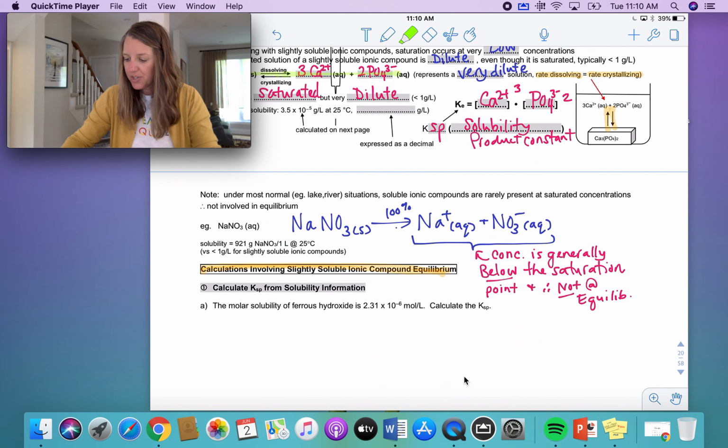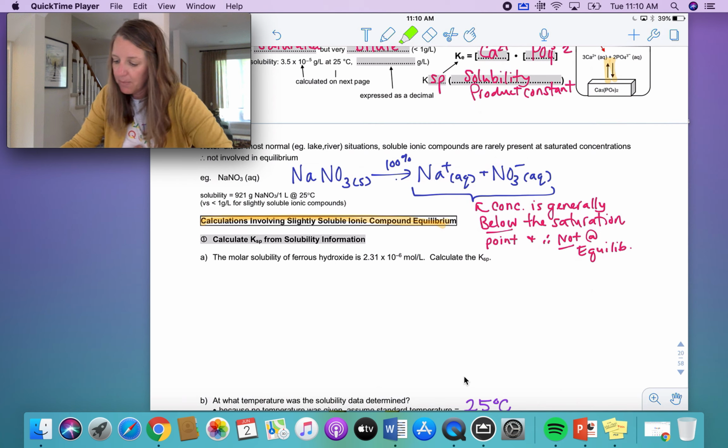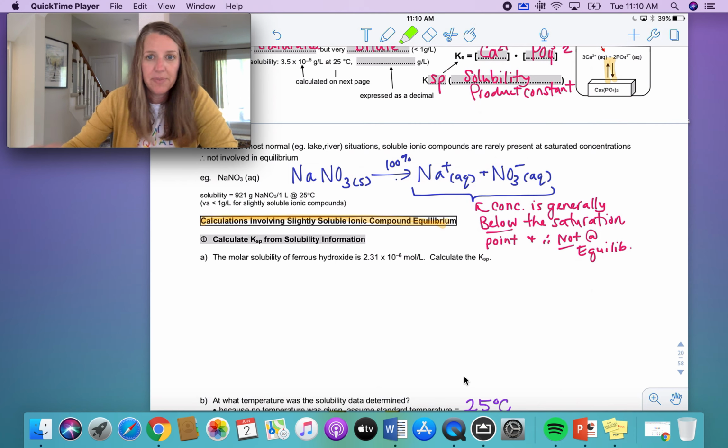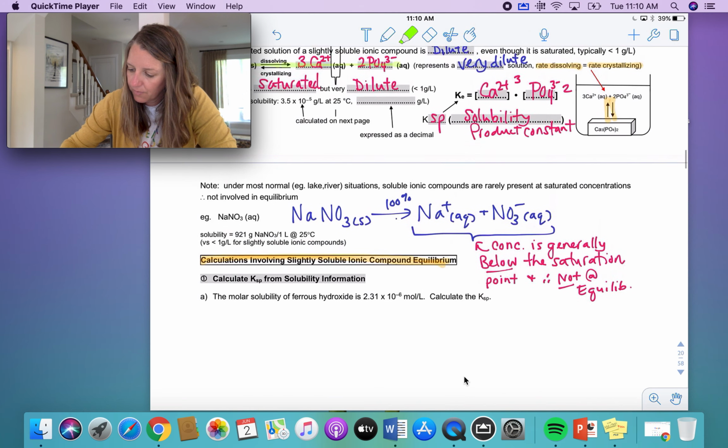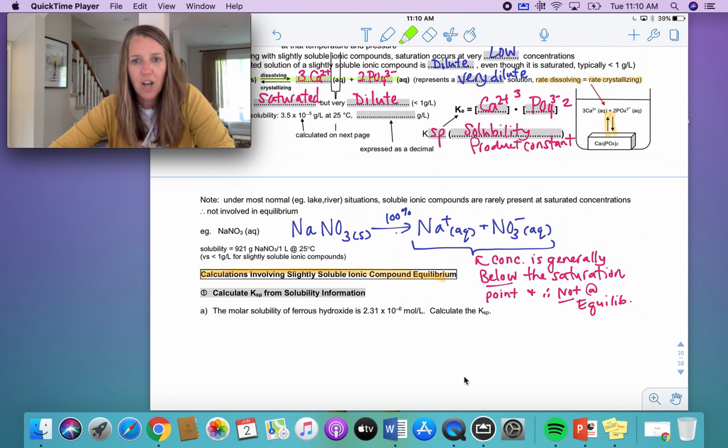Okay, so let's do a question here where we've got sodium nitrate. Under most normal circumstances, soluble ionic compounds are rarely present at the saturation concentration. They are therefore not involved in an equilibrium. And you know that sodium nitrate has good solubility.